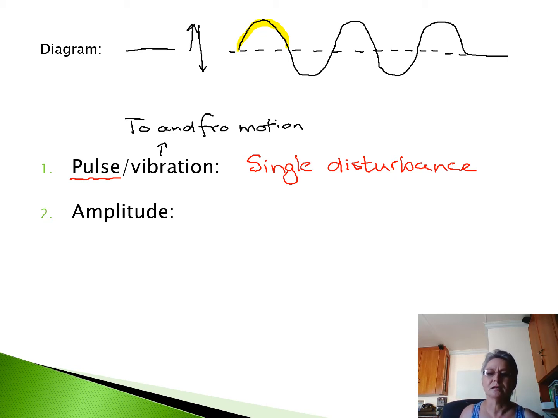So the broken line represents the original rest position, and the amplitude will be from the rest position up to form a crest, or down to the minimum, the lowest point, to form a trough.